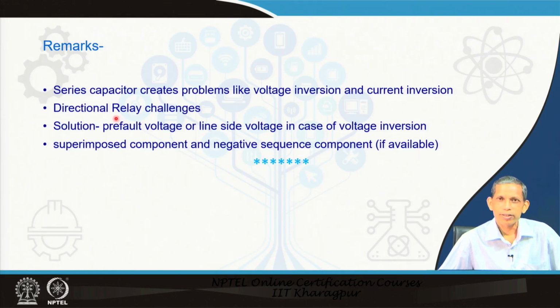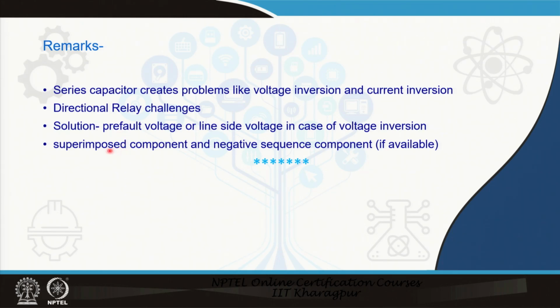We see that the directional element has issues because of the current leading as compared to the current lagging for the forward fault case. Solutions: a simple solution is to use line side voltage or pre-fault voltage for voltage inversion issues, or use the superimposed component or the negative sequence component, if available, for any inversion issues.